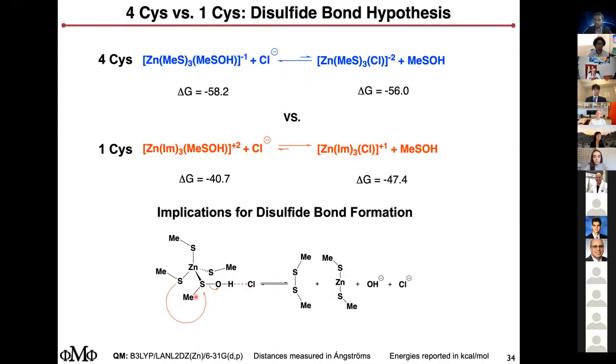If this sulfonic acid were to dissociate from the complex, first off, it's not going to be anywhere near another one of the thiolates to form your disulfide bridge. And you're also leaving more variation and chance of the sulfonic acid interacting with other surrounding amino acid residues, and you're not going to get that formation of your disulfide bridge that is needed for the protein or for the bacteria to survive.